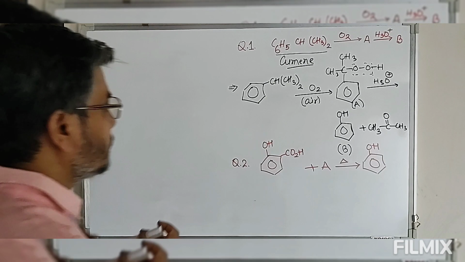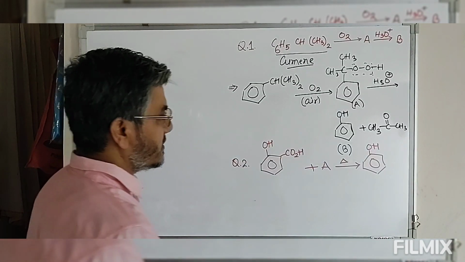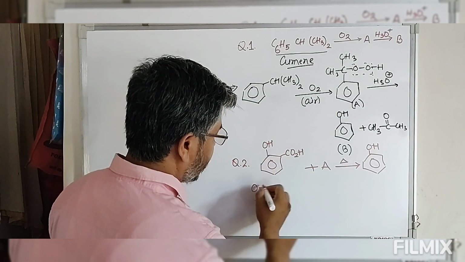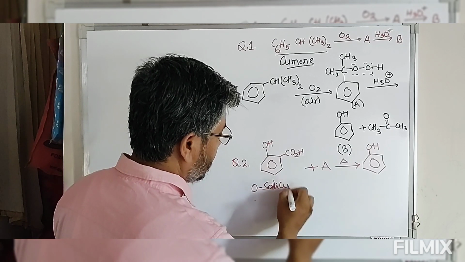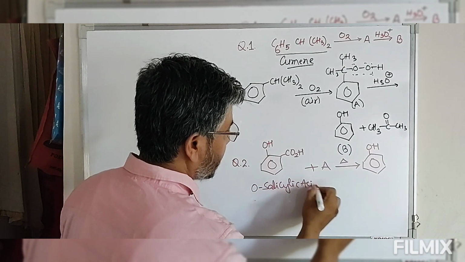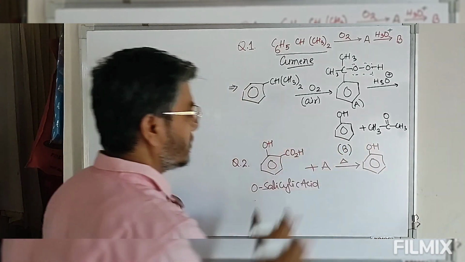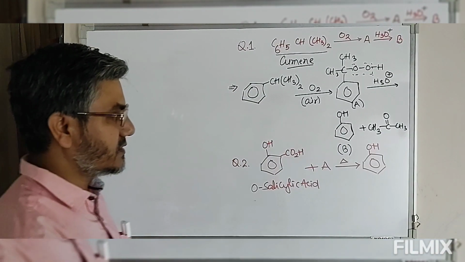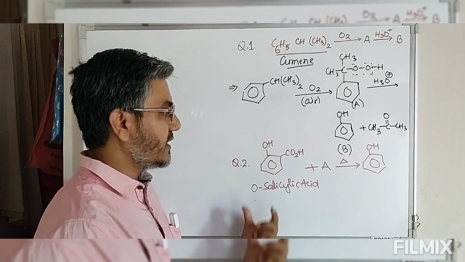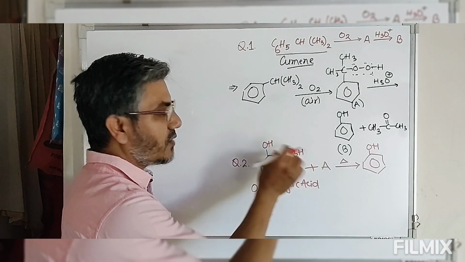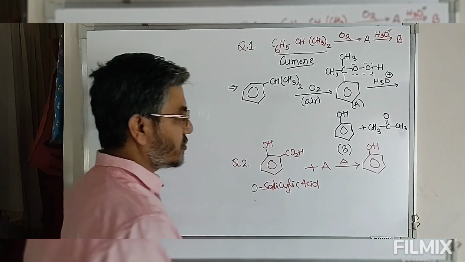In the second problem, we are starting with salicylic acid, ortho-hydroxybenzoic acid. So this salicylic acid reacts with A, followed by heating gives you phenol. That means from the starting salicylic acid we are removing carbon dioxide. So this is decarboxylation.